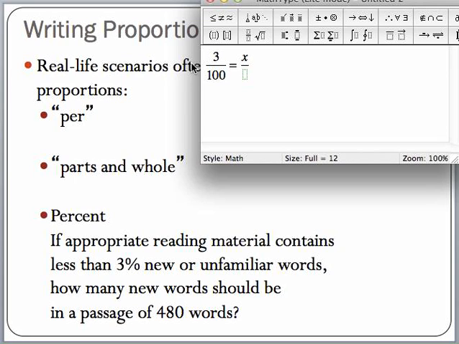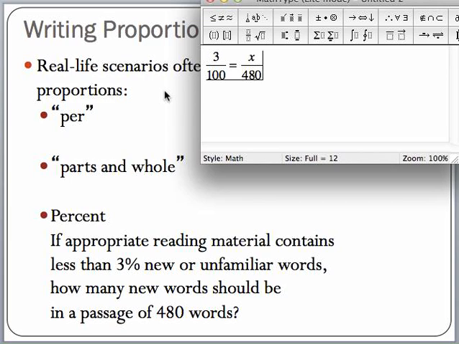And the passage is 480 words long, and so the whole is 480. And so I've got this proportion to solve. 3 times 480 is equal to 100 times x once you cross multiply. And again, for the sake of time, I won't solve that for you, but I think it was around 15 words or so. If you solve that, 15 out of those 480 are probably going to be new ones or key vocabulary words or something like that.